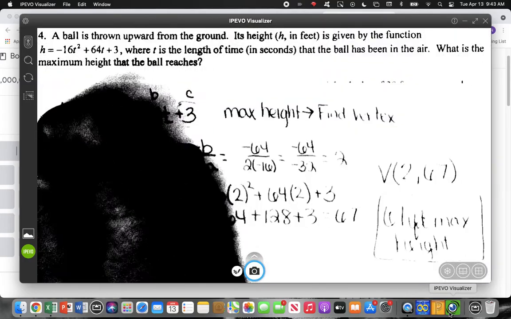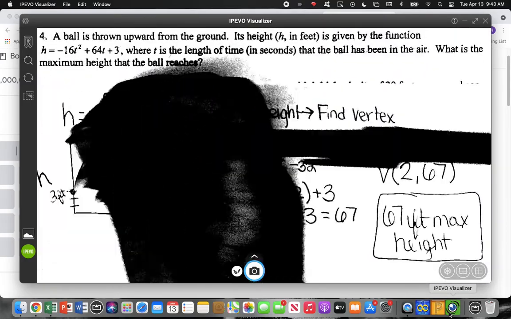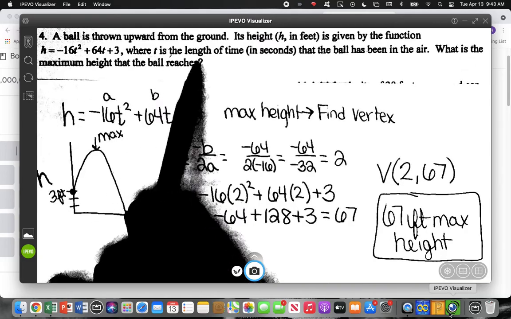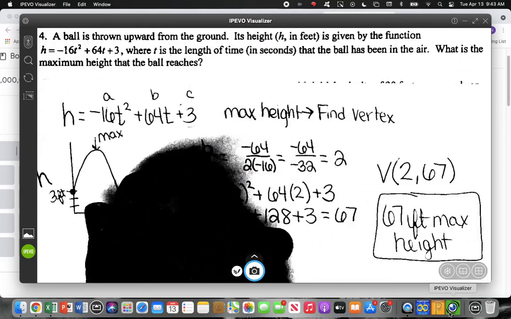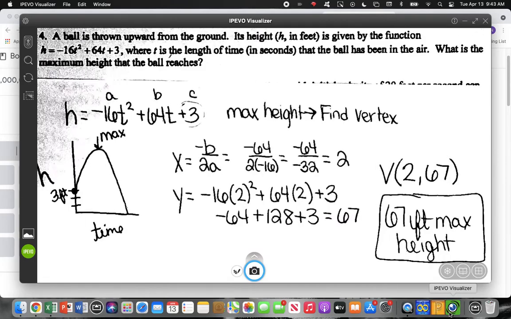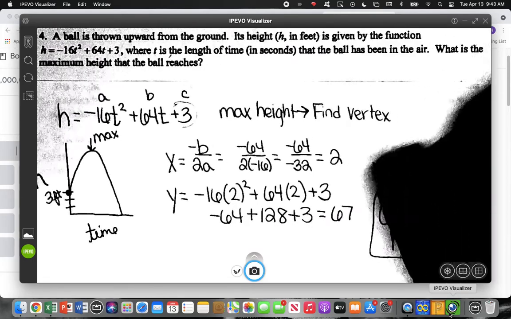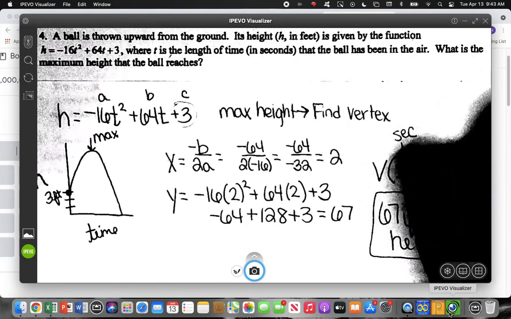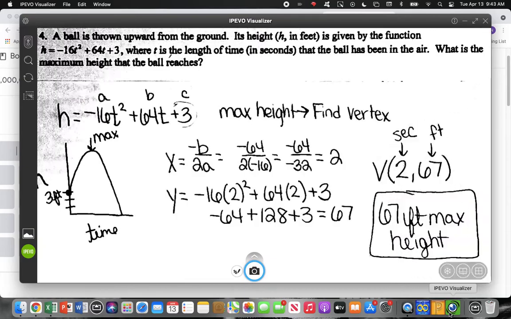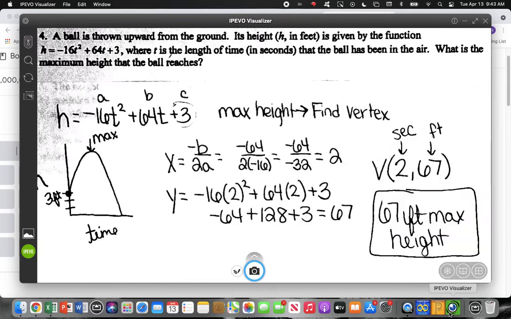The height is the y-axis. What's the t represent? The time in seconds. So what this is telling you is that it takes 2 seconds for the ball that's being thrown to reach 67 feet. But this one just asks for the maximum height, so we're just looking for the height, which is 67 feet.